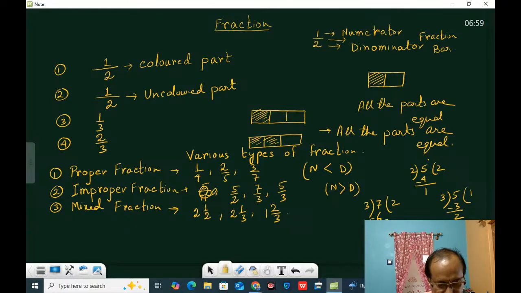Now we learn about other types of fractions. Number 4 is the unit fraction.